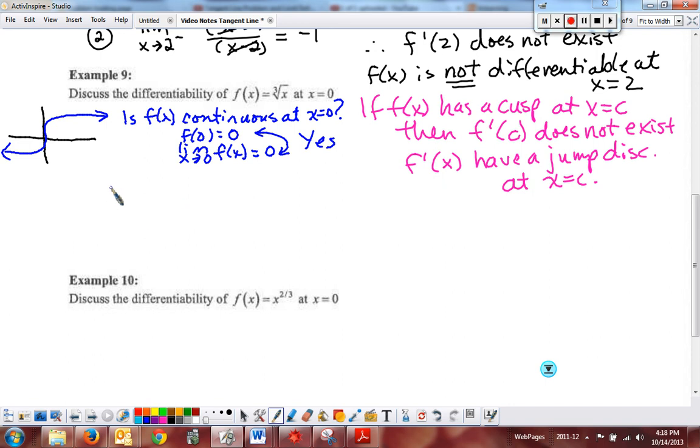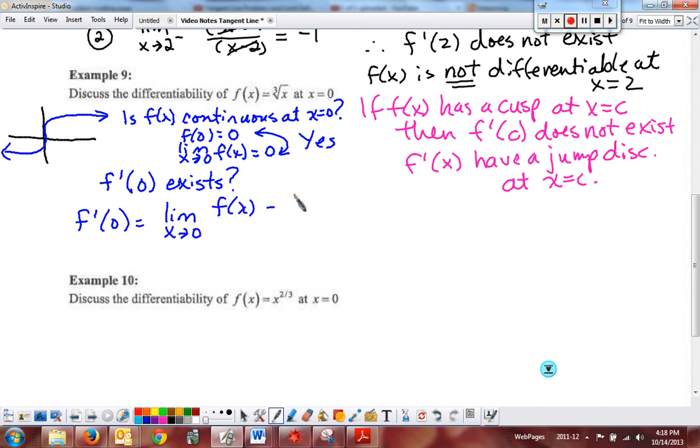To determine differentiability, what we're basically asking is, does f prime of 0 exist? That's the question that I'm asking myself. So I go to that alternate form of the definition, and I'm going to take the limit as x approaches 0 of f of x minus f of 0 over x minus 0. Plug in what we have.